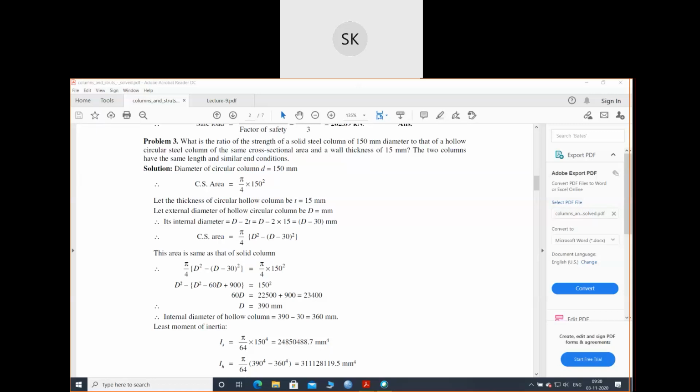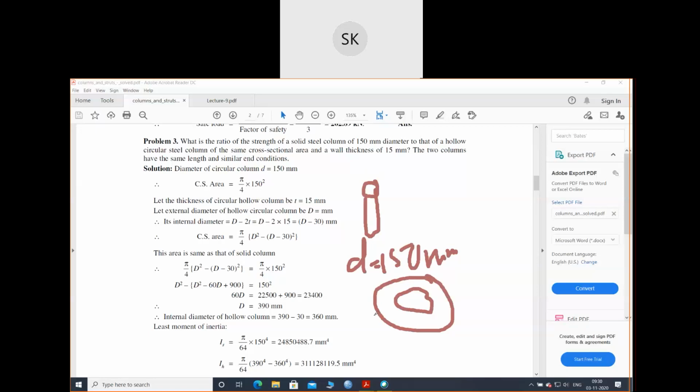Don't unmute. Okay, so see, one complete solid steel bar is given to you. Its diameter is given as 150 mm. Another hollow steel is given to you.